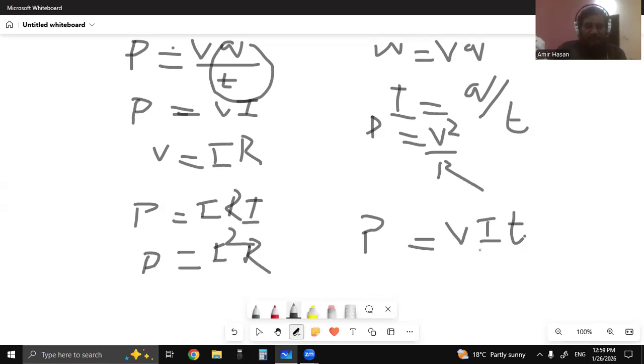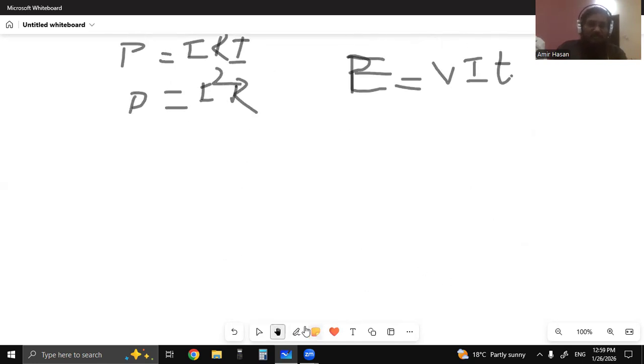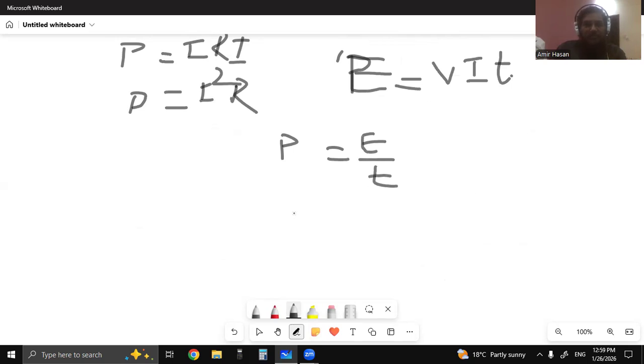VIT. No, this is the energy formula, okay? We can get this energy formula with the help of power. How do we derive this energy formula VIT? We get this formula with the help of the power formula. We know that power is equal to energy upon time, and we derived the power formula, power is equal to VI.